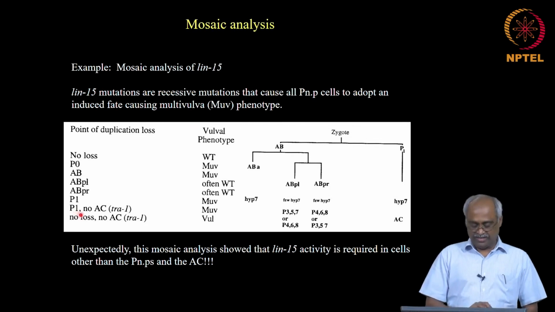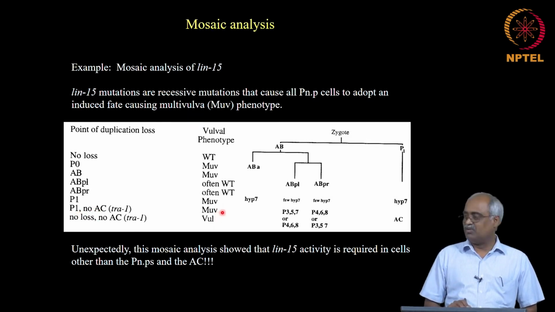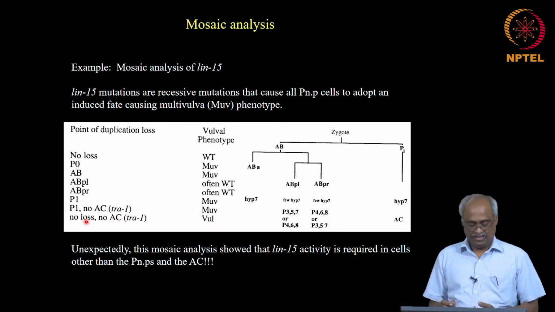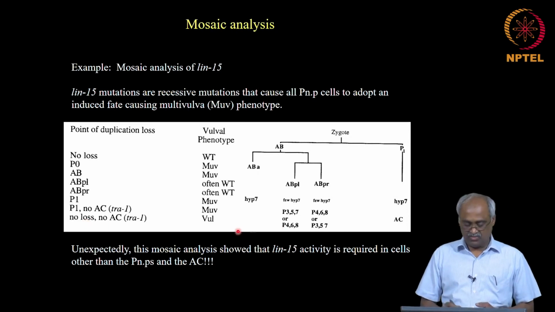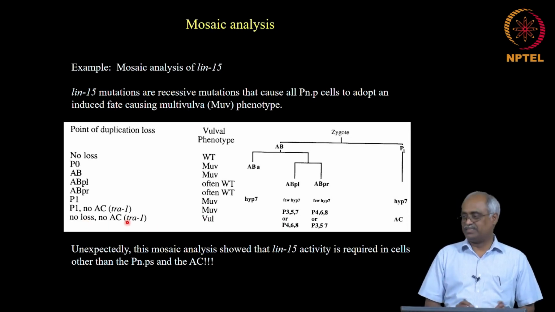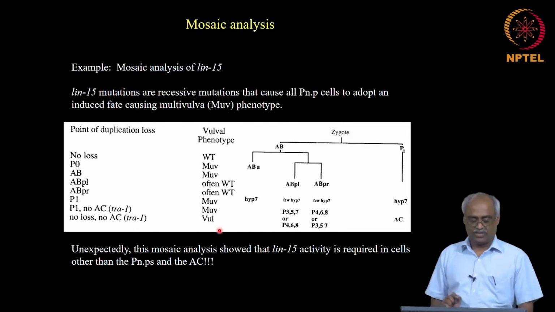Now you go to another situation, P1 it is lost and you do not have an anchor cell and you still have multivulva forming. And then you go to another situation where there is no loss and no anchor cell, and there of course you are not going to have vulva at all, because the anchor cell is the one that is inducing. So, you have these phenotypes.